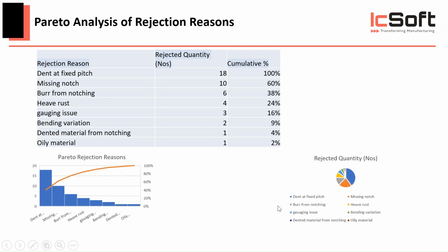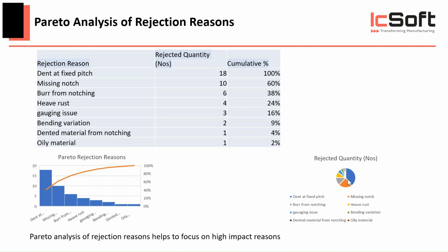So here we can see this dent at fixed pitch. So this part of the pie, which is the biggest pie, and then the next one is missing notch, and so on and so forth. So what do we do once we know that, for example, dent at fixed pitch or missing notch, these are my top reasons of defects?